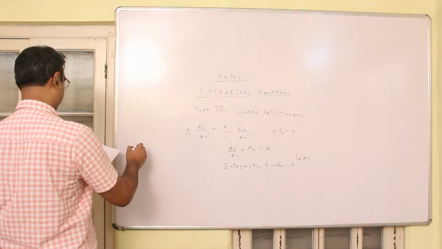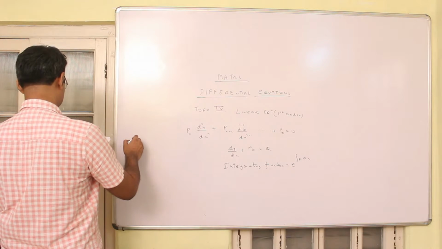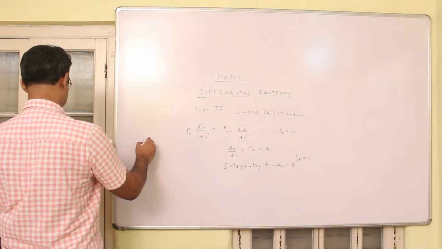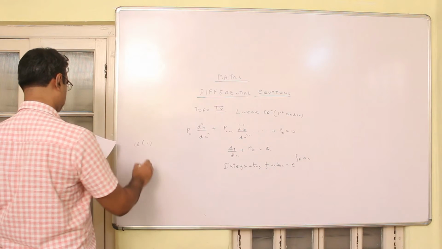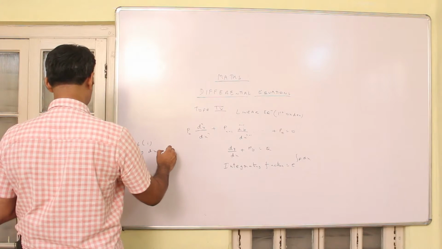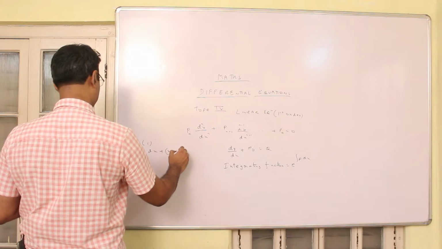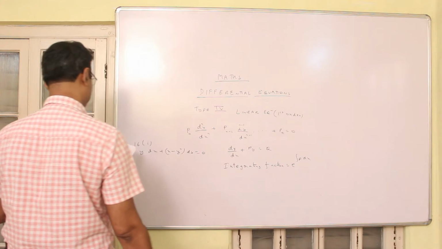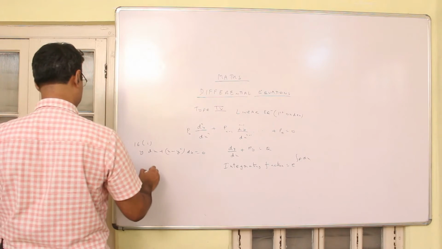For example, suppose you are doing question number 16 part 1. So it says y dx plus (x minus y square) dy is equal to 0.